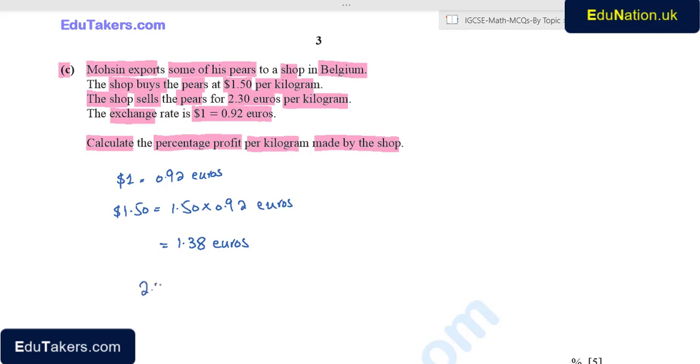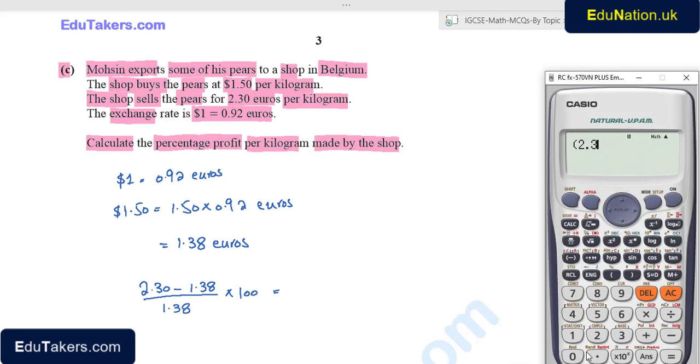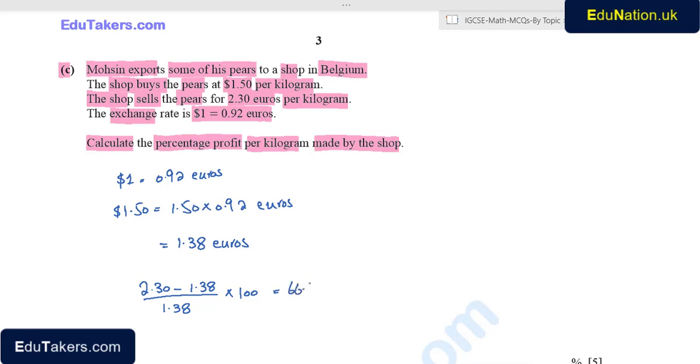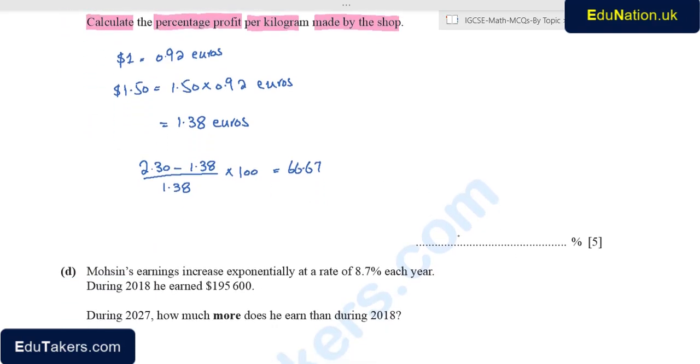This will be 2.30 minus 1.38 over 1.38 multiplied by 100, which is 66.67. Percentage profit per kilogram is 66.67%.